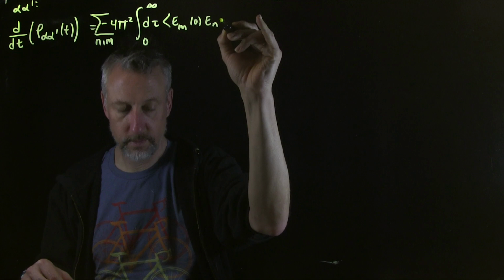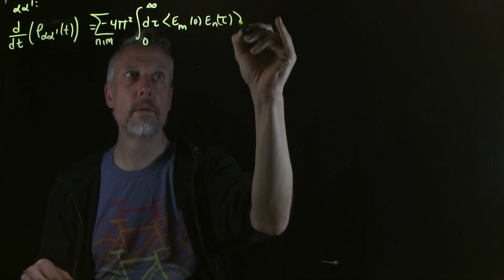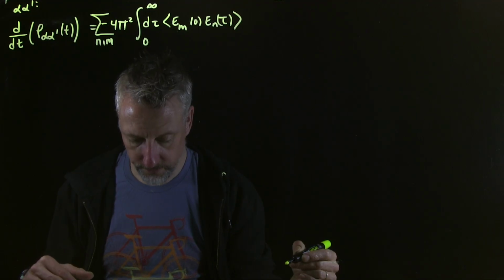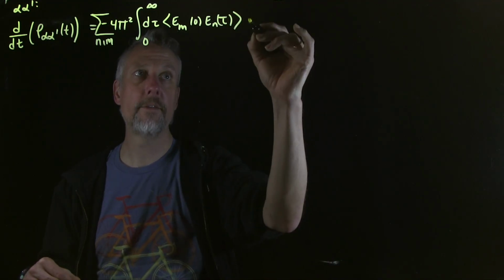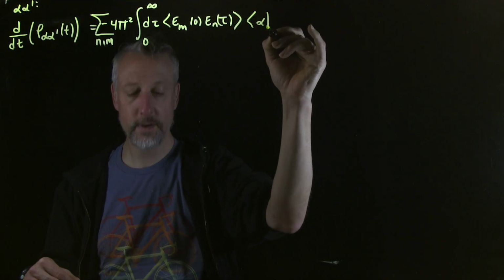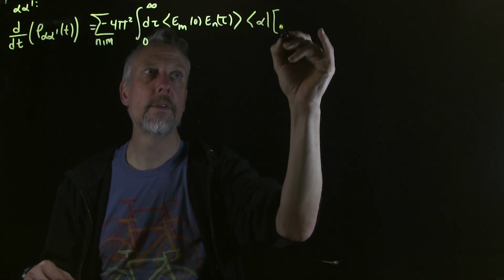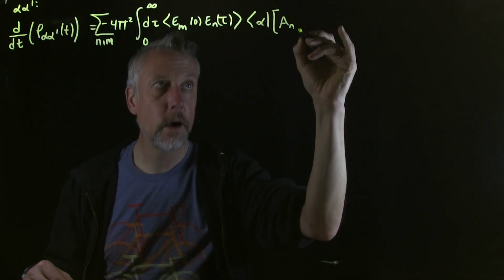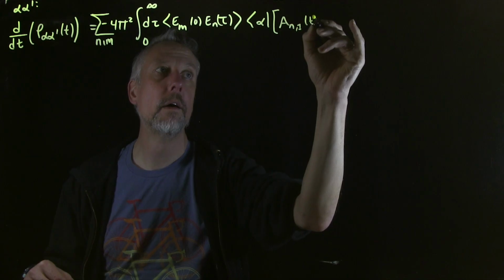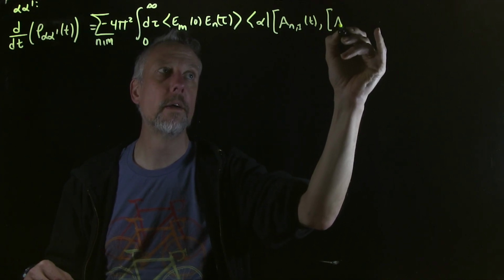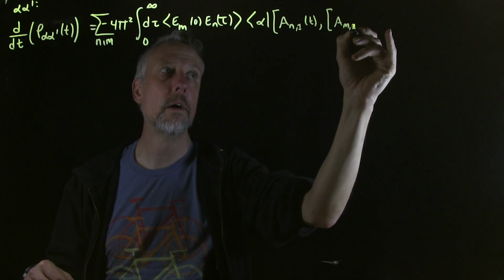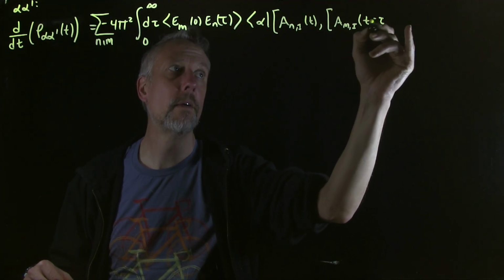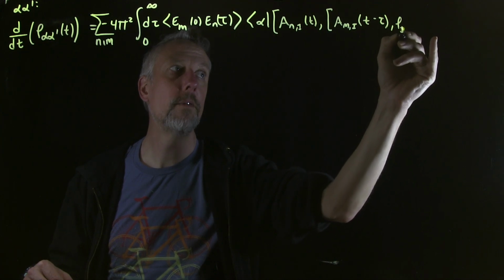Probably wouldn't matter which one was which. And then we're going to write down the alphas, right? So alpha on the left with this one, A_n, I, t, of t minus tau, rho I of 0.